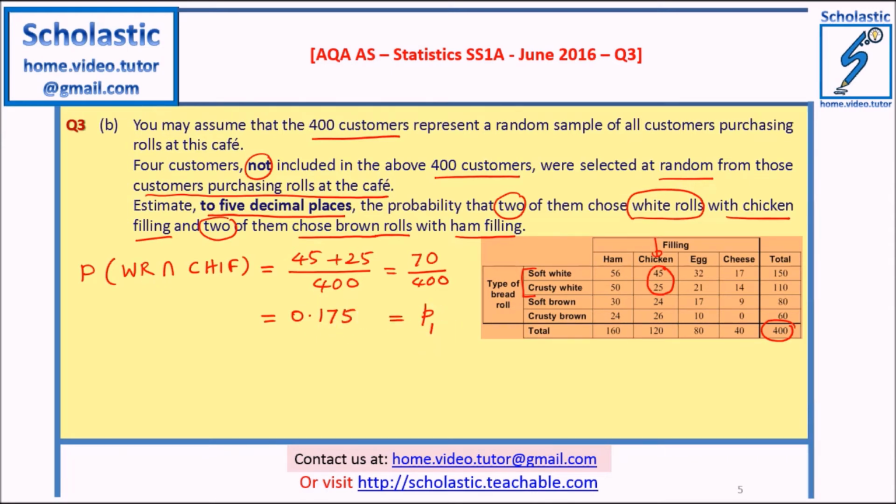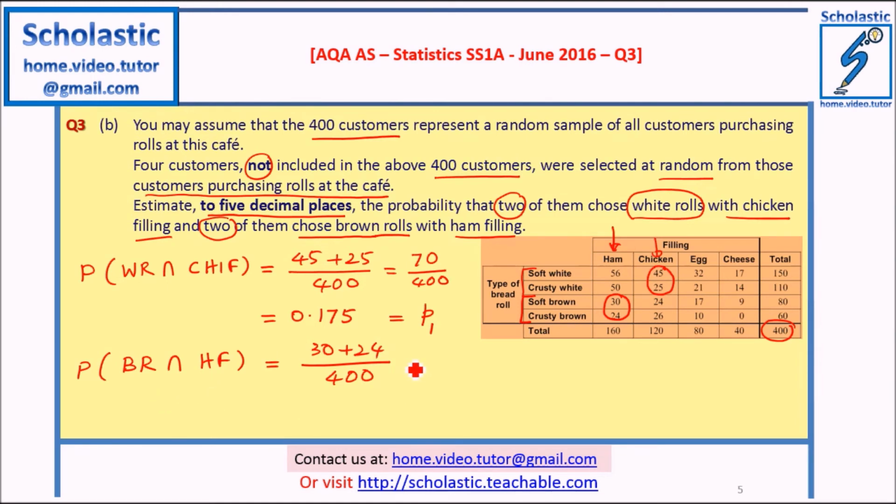And the second probability is that 2 of them chose brown rolls with ham filling. So the probability of brown rolls with ham filling is equal to, go to the brown row, two rows, and ham filling, so brown roll with ham filling, 30 plus 24, out of 400 customers. 30 plus 24 go for brown rolls with ham filling.